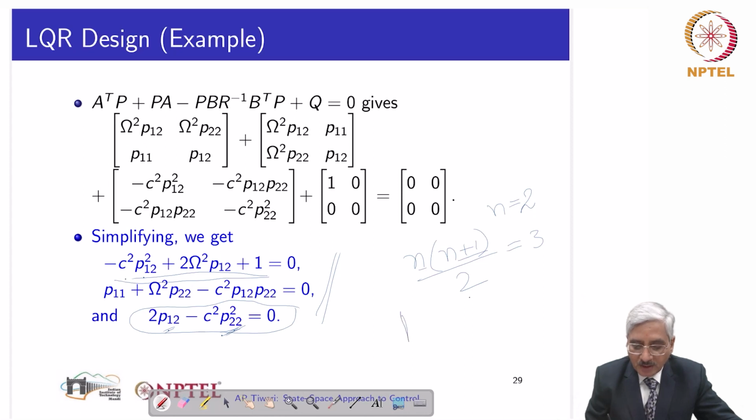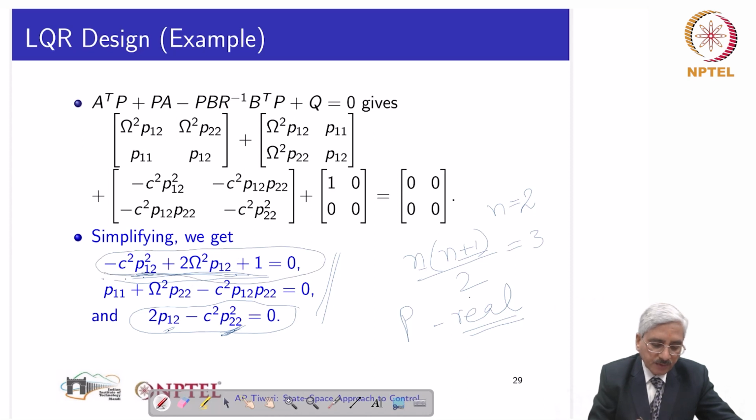We want only a real solution for P, real and symmetric. Symmetric we have taken care of by choosing P itself symmetric in the beginning, but it will be real only if the P12 obtained from this is positive. So out of the 2 solutions of this, we will accept only that solution which is positive for P12.